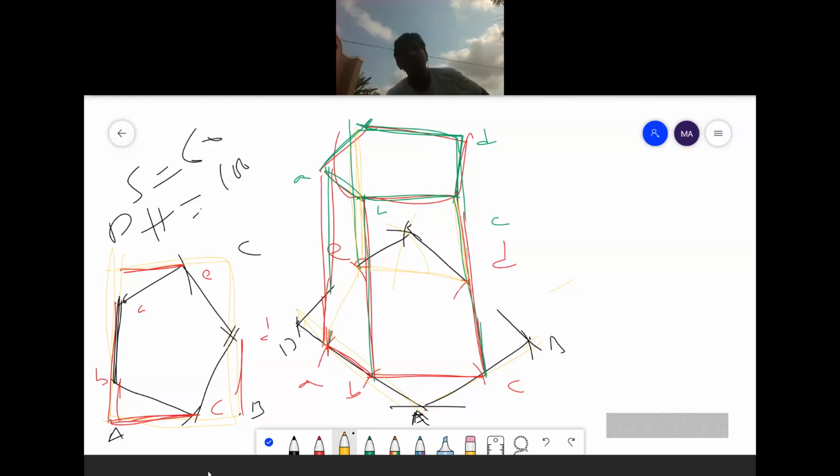Can anyone explain the dimension between capital AB and capital AD?